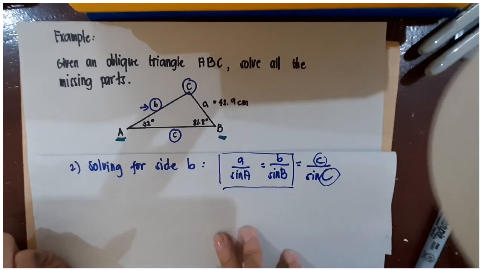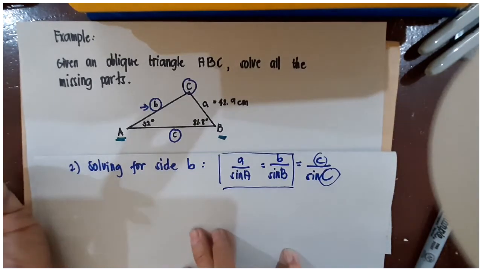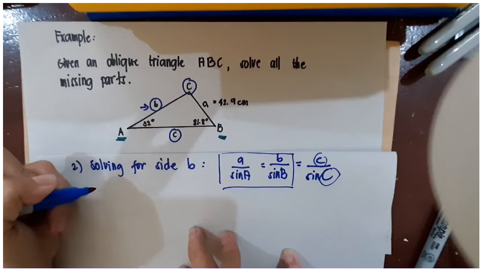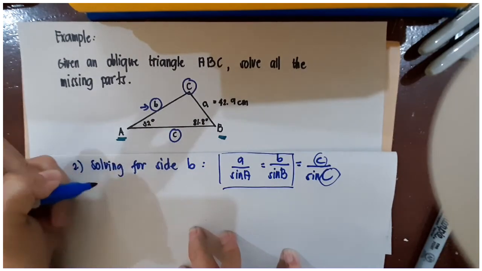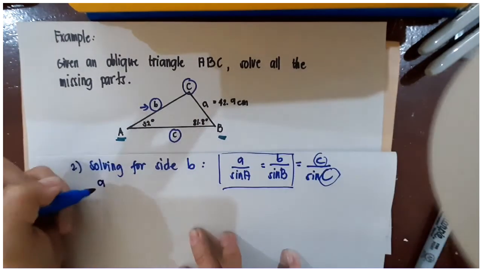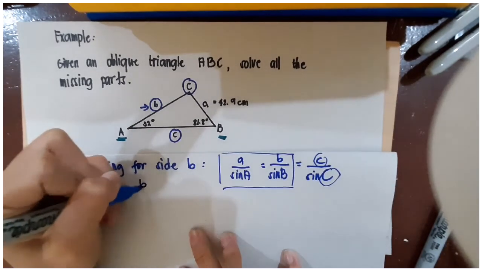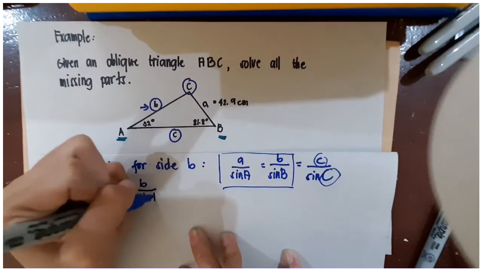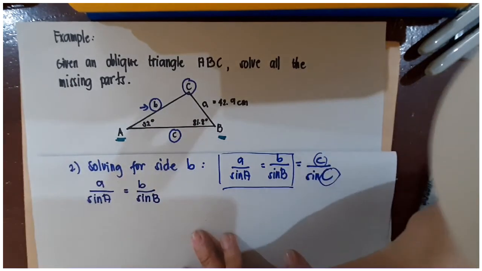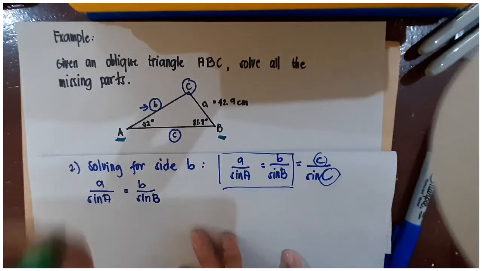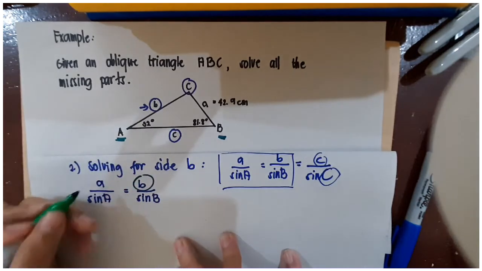A over sine A is equal to B over sine B. So you write it here. So we have A over sine A is equal to B over sine B. Tapos, yung hinahanap natin is B. Tama?